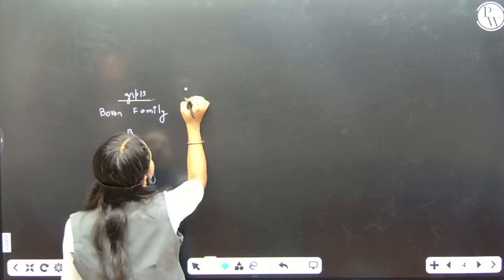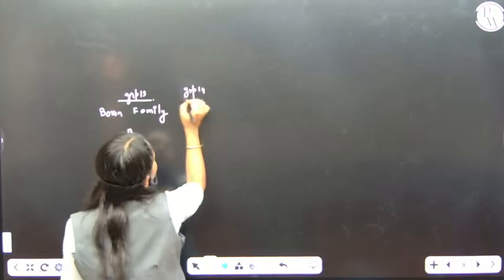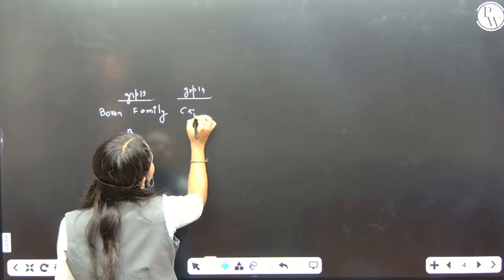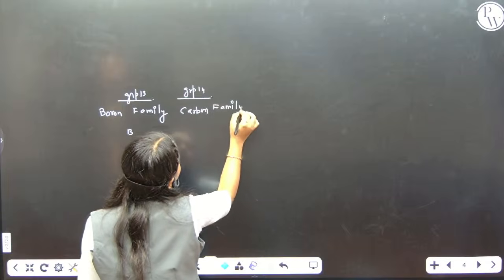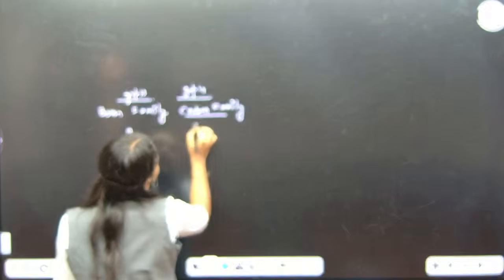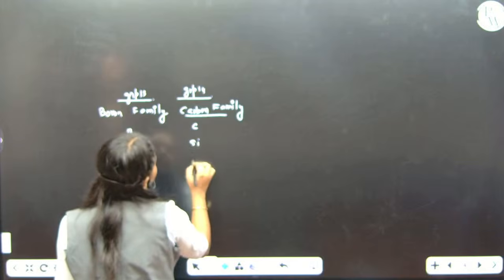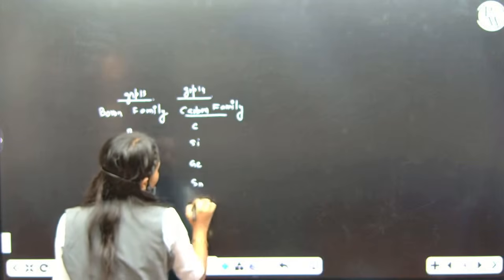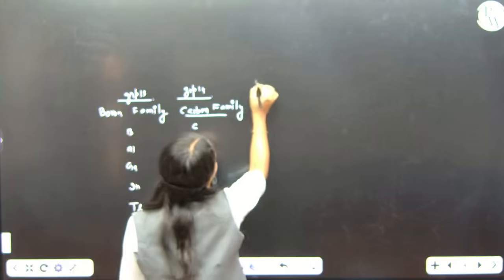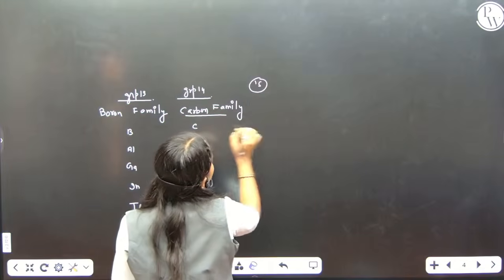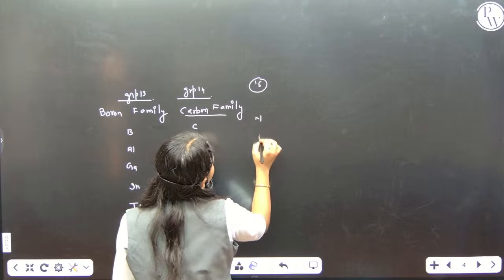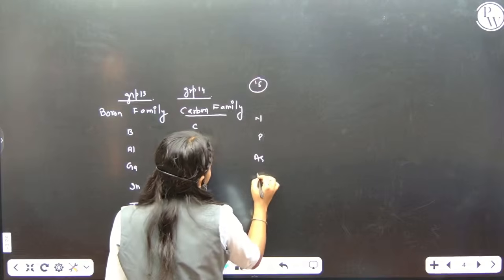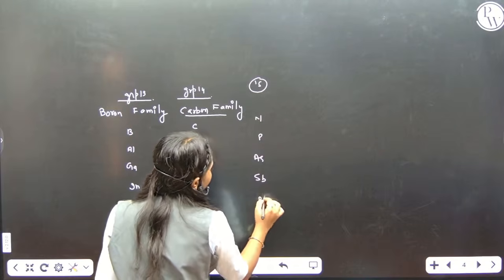Group number 14, carbon family. Elements are carbon, silicon, germanium, tin and lead. Group number 15: nitrogen, phosphorus, arsenic, antimony and bismuth.